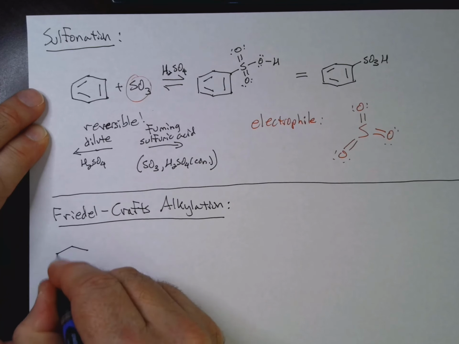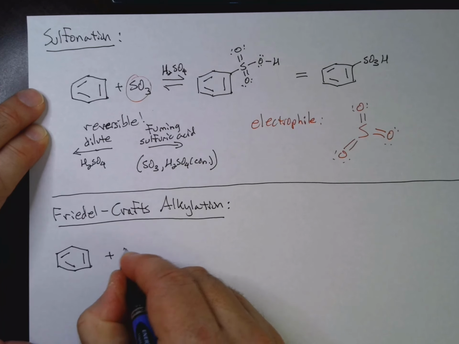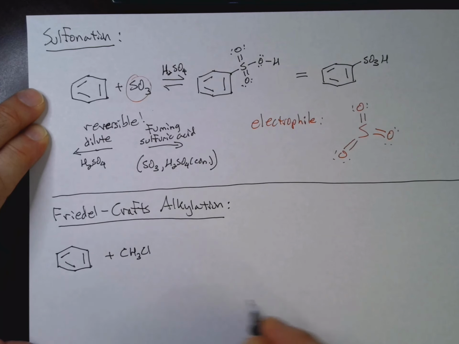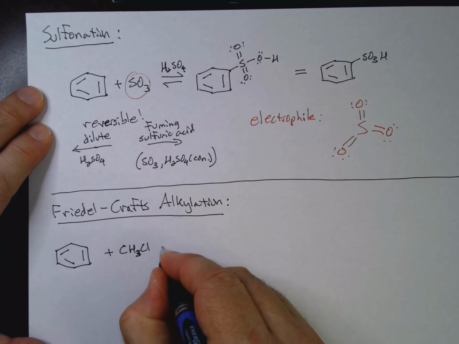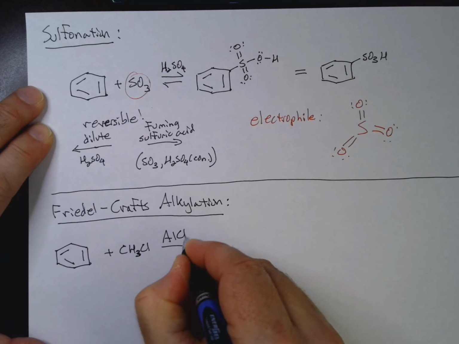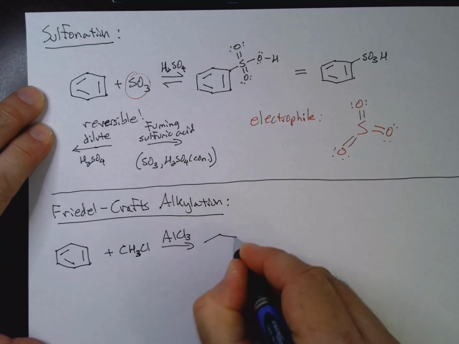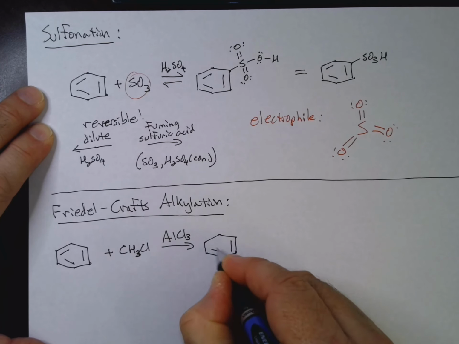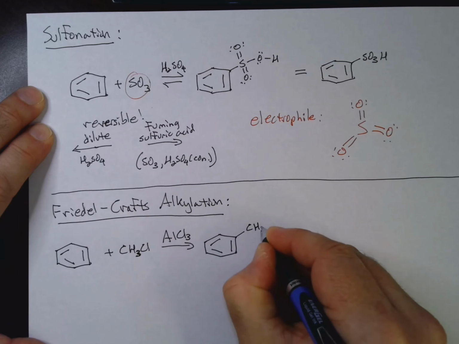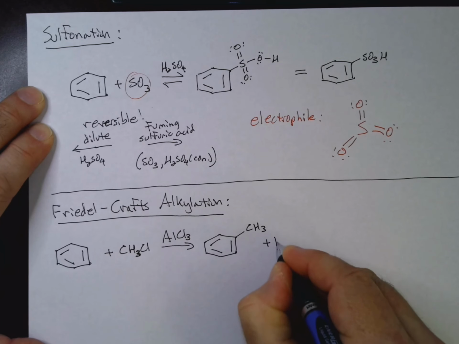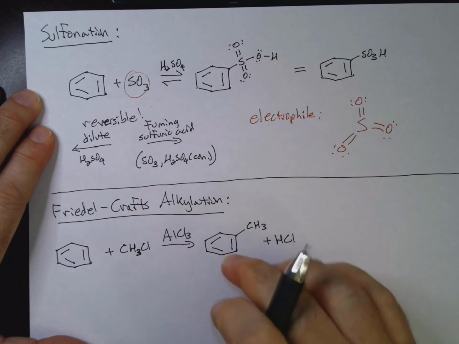And we will go ahead and take our benzene, and then we'll add some kind of alkyl halide here, and we'll use our AlCl3, our Lewis acid catalyst, and then we'll end up sticking CH3 on our benzene ring there.